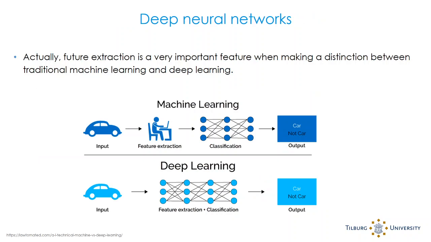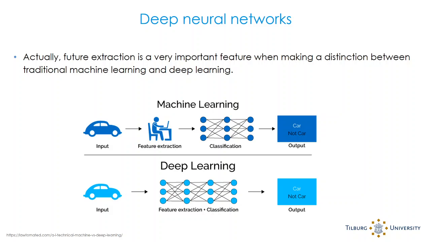So when it comes to feature extraction, some people say that one of the differences between traditional machine learning and deep learning is the role of feature extraction. I realize that this is a bold claim. However, let's elaborate a bit. In machine learning or data mining, like in this course, we need to perform the feature extraction ourselves.